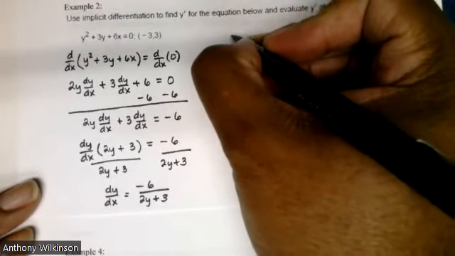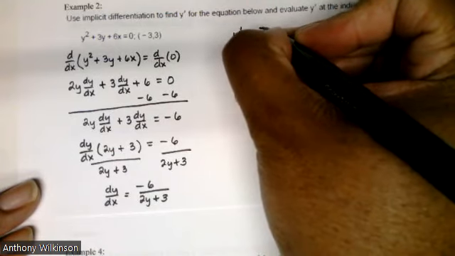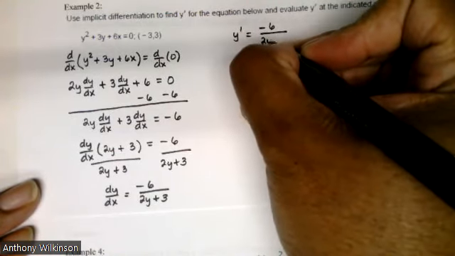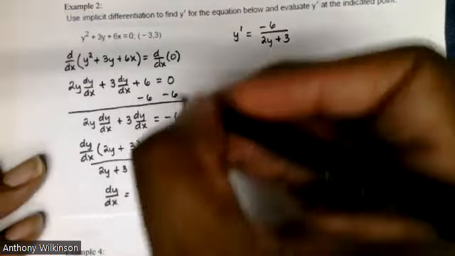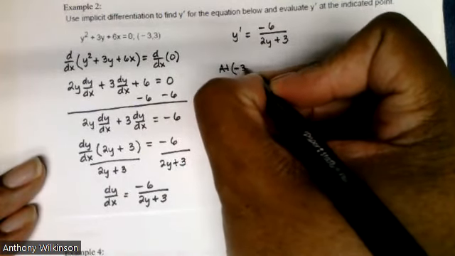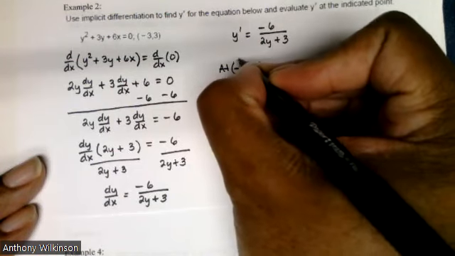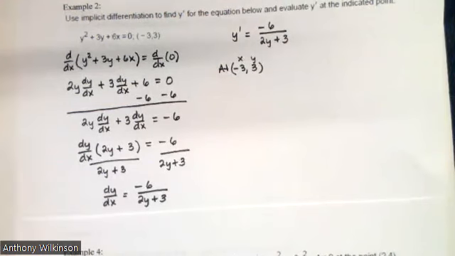Or I can say this, since they want us to find y prime, I can say y prime is -6 over 2y plus 3. Now, at the point (-3, 3), that means x is -3, and y is going to be equal to 3.